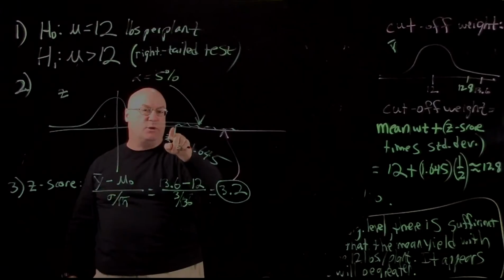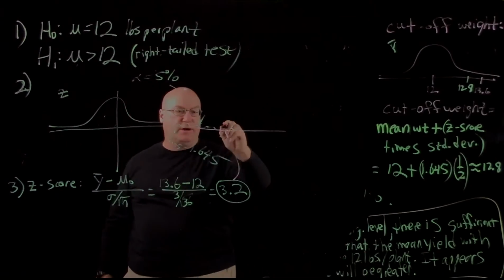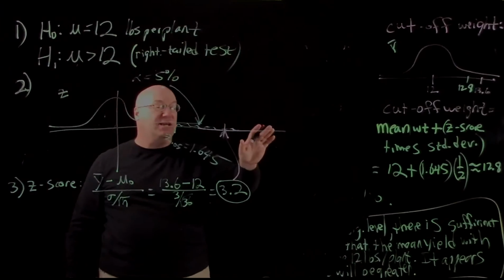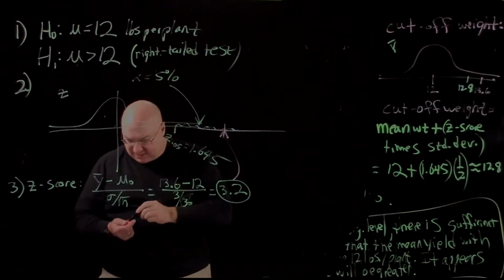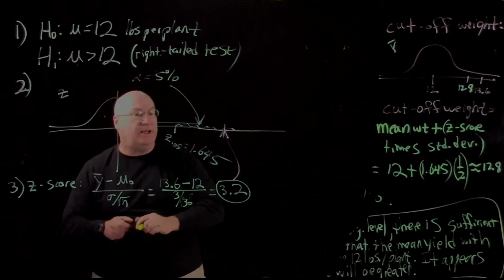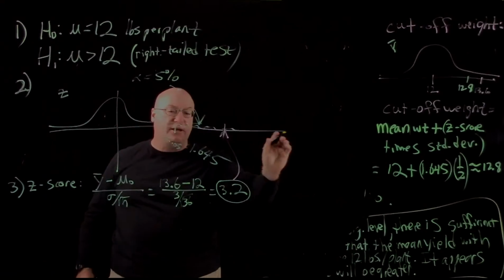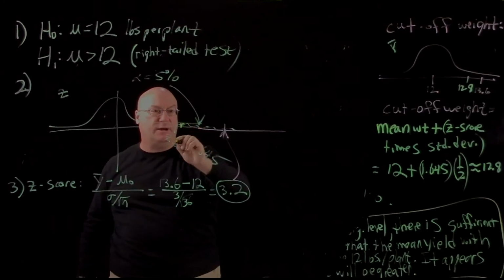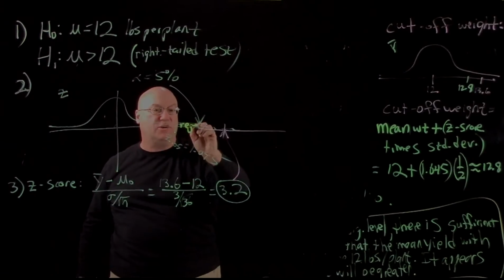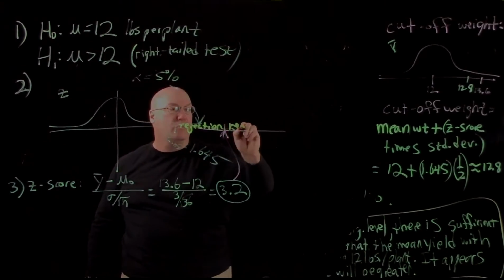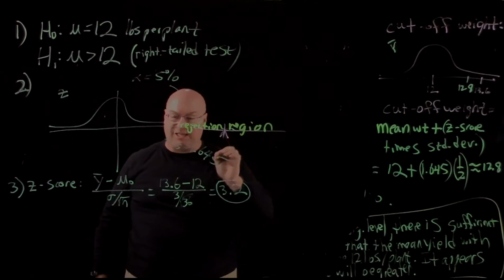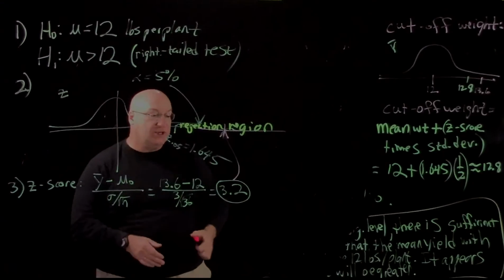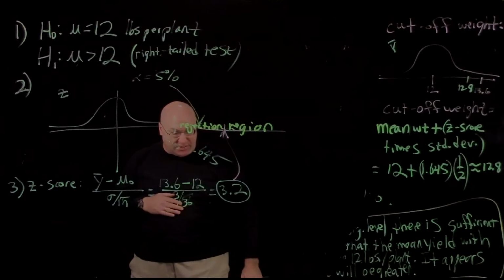Because there's 1.645, so out here somewhere is 3.2. So it's clear that it is out in the rejection region. I forgot to say, this is the rejection region, right here. Everything beyond the z-score of the cutoff value, everything beyond the critical value. This is the rejection region out here. This is where if the test statistic falls, we reject the null hypothesis. So obviously, we're going to reject the null hypothesis, right?